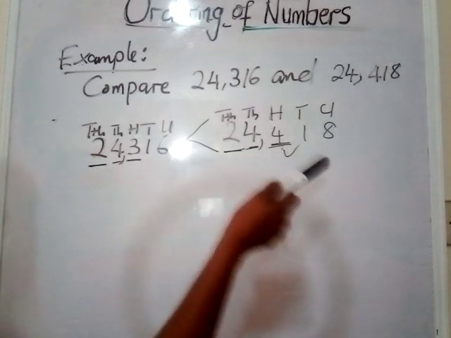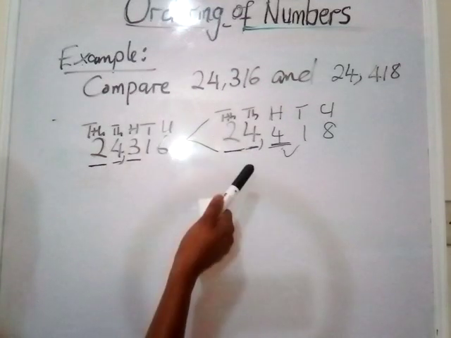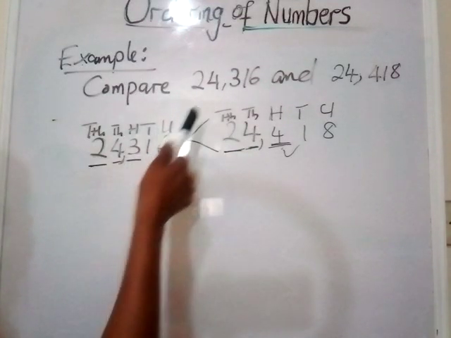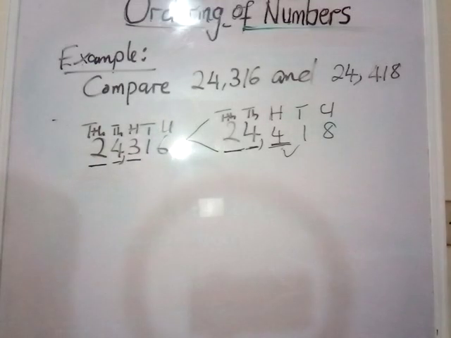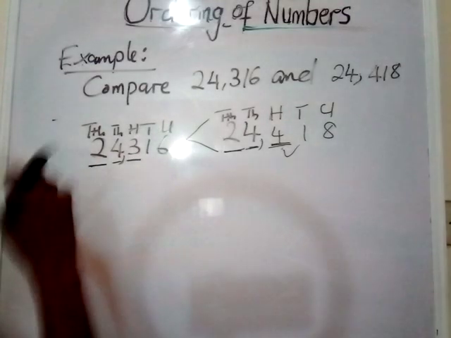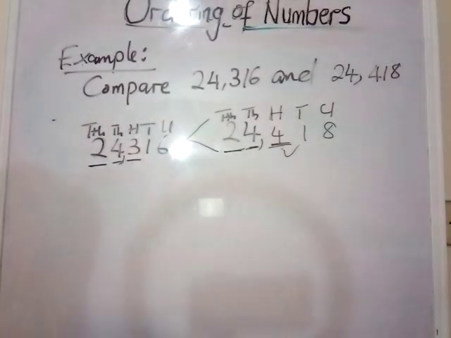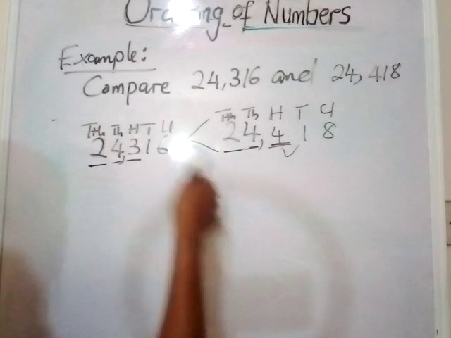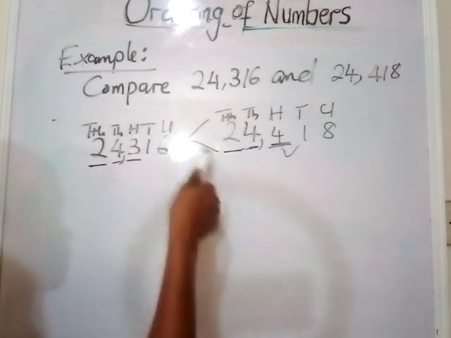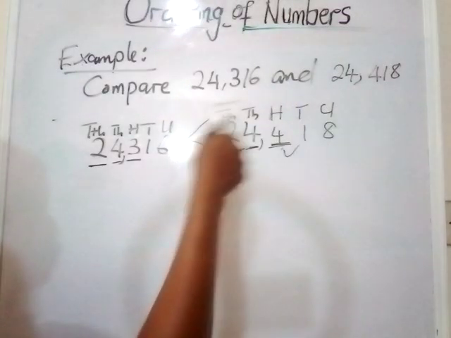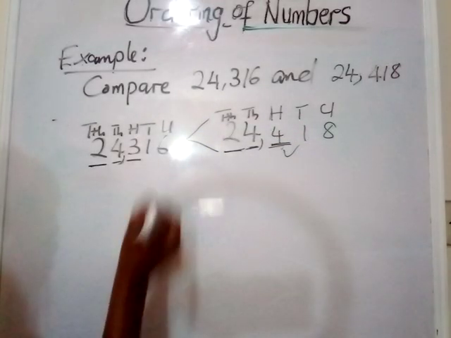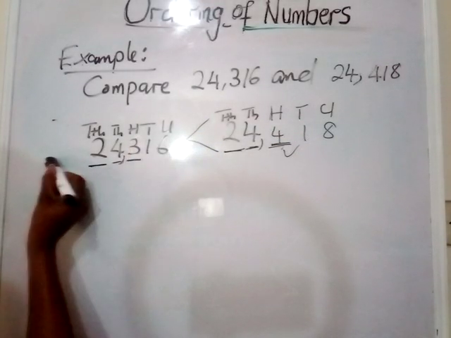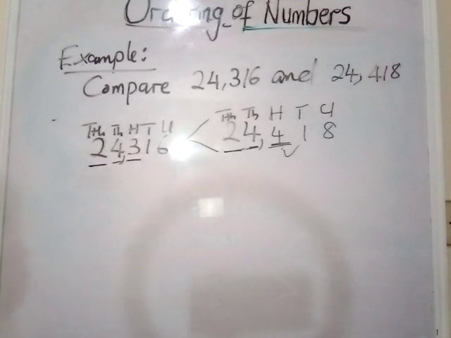So when you compare numbers, you find the one that is bigger and the one that is smaller, you use the appropriate symbol, or you turn the symbol in the correct direction. So in this case, since the larger number is to the right, that means the open end of the symbol must face that number, while the closed end faces the smaller number.